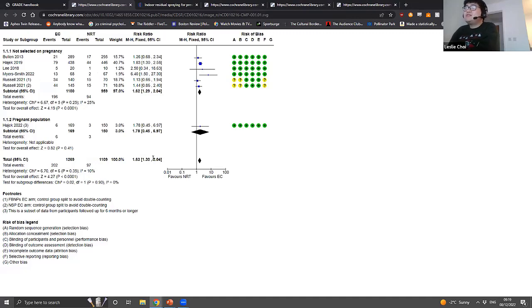Would you downgrade? So this is going from 30% increase in quitting smoking to 104% increase. Not downgrade.